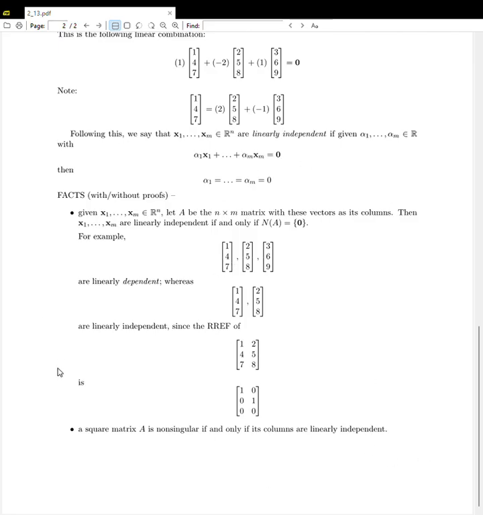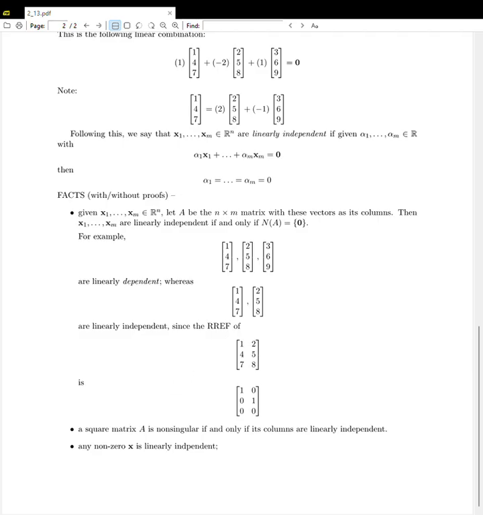Alright, so what are some other things about linear independence that are worth establishing here? A natural thing to do, and we do this with span, is to look at extreme cases.